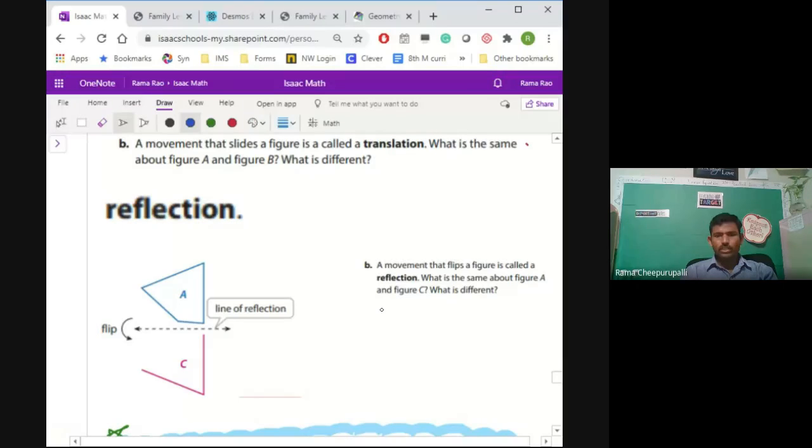Now, since you understand what reflection means, go ahead and complete this picture. Go ahead and reflect this one and complete the missing parts. And this is called the line of reflection. I'll give you a minute on your notebooks. Please get it done.